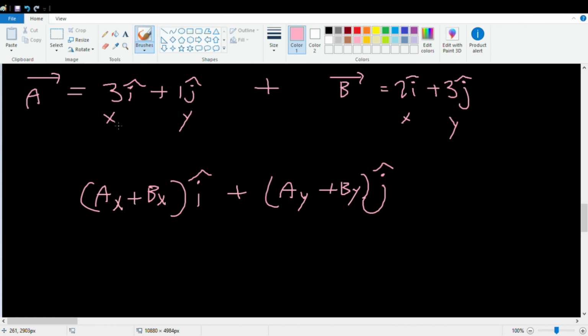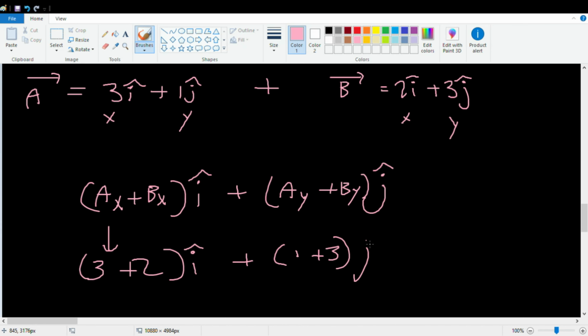So, let's do this. 3, which is our ax, plus bx, which is right here, i, plus ay, which is right here, plus by, which is 3j.